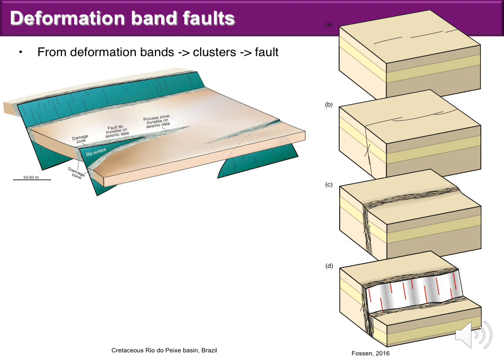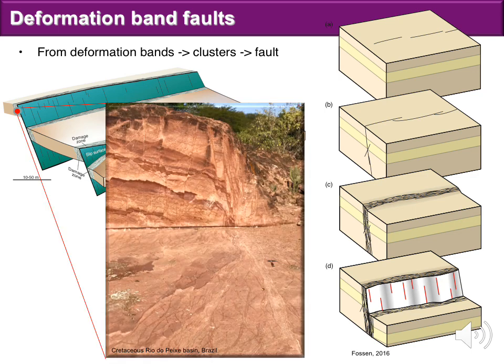And then in porous sandstones we get what's called deformation bands, and faults form by the formation of single deformation bands that interact and form clusters of deformation bands, and then eventually a fault grows in that zone of deformation. This is what a deformation band fault could look like.